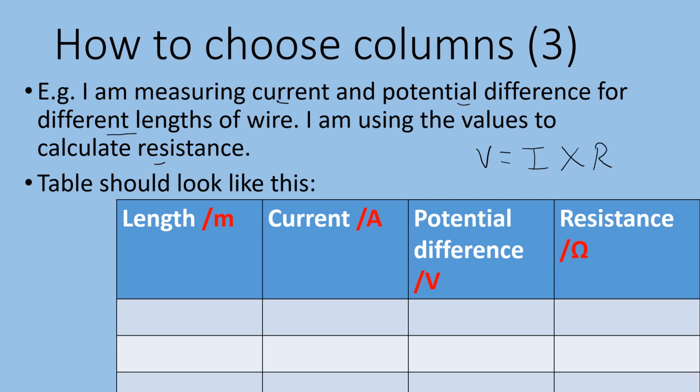So once you've got the current, which is I, and V for voltage, you can then calculate the resistance by multiplying the two values, and that will go in this column here. And the units are all there as well.